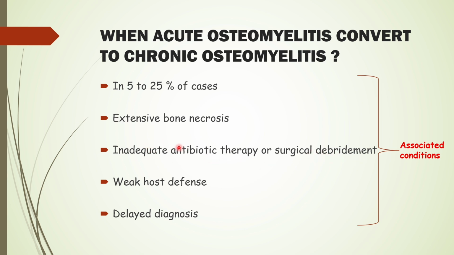That can lead to chronic osteomyelitis development. Extensive bony necrosis is very difficult to clear, so in that also chronic osteomyelitis can occur. Weak host defense: if your immunity is low, then there is a chance of conversion into chronic inflammation. And if the diagnosis is delayed, which sometimes happens, it puts you at risk for development of chronic osteomyelitis.